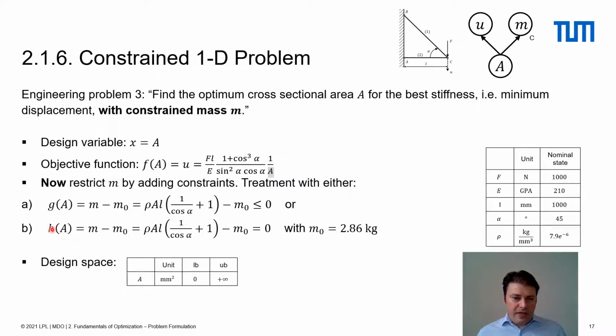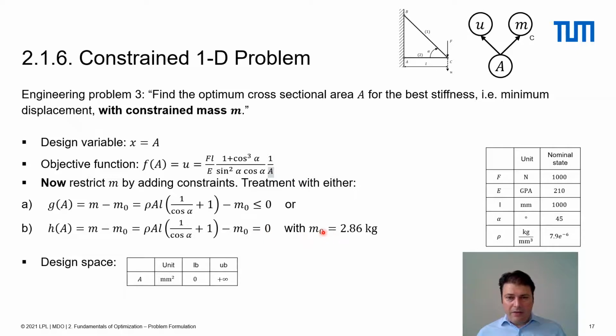And simultaneously, we're considering right now two problems, one of them with an inequality constraint and one of them with an equality constraint. For this, we take the same mathematical expression. So the equality constraint function is the same as the inequality constraint function, but here we use it, of course, to formulate an equality constraint.